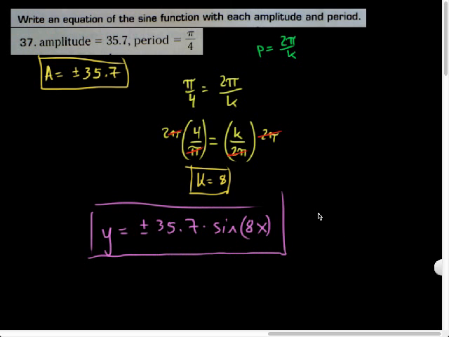And that would be the equation of the sine function that has that particular amplitude and period. All right? So as long as you're familiar with sine and cosine a little bit, this isn't too bad. And I like these problems from this batch with 37. Just kind of plugging in what you know, solving for what you don't, and writing the equation.